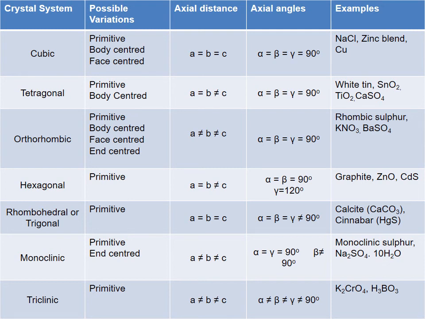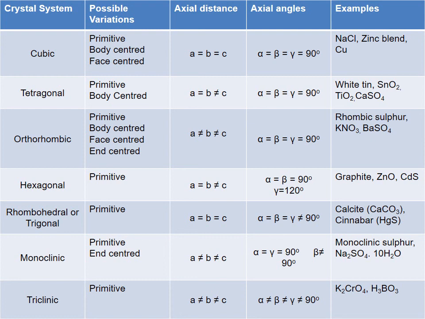The unit cells, which we studied as primitive unit cell, body-centered unit cell, face-centered unit cell, end-centered unit cell. If the sum of all the unit cells represented for the individual crystal systems is done, we will find that there are 14 such unit cells.